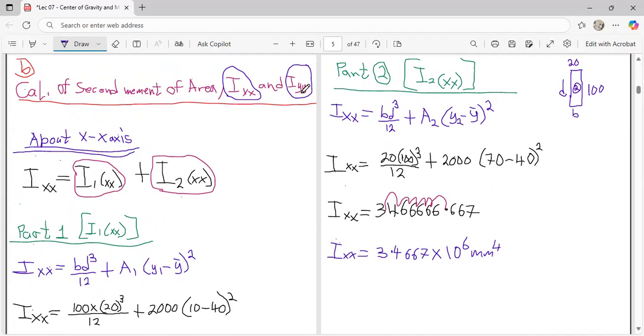Then we can express it in terms of the formula, and then we also use that to calculate or do our calculation. Okay, good. So we are now going to calculate for the second moment of area about the y axis.